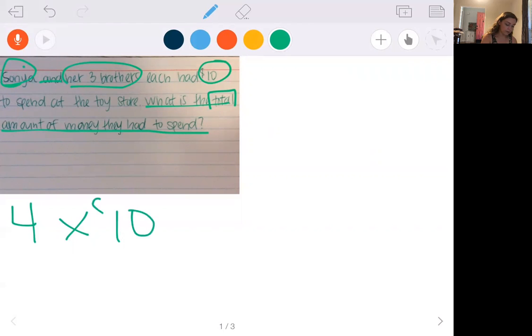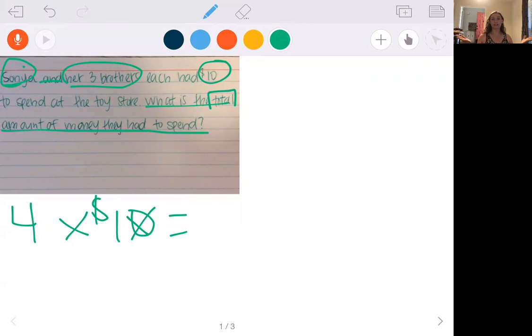So if I do 4 people times $10, let's think about 4 times 10. That just means that I have 10 four times. So I have 10, 20, 30, 40. And I already know that. But when I'm multiplying by a multiple of 10, I get to use a secret trick. Whatever number is my multiple of 10, and in this one it's just 10, I can take the 0 from that and just change it into 1.